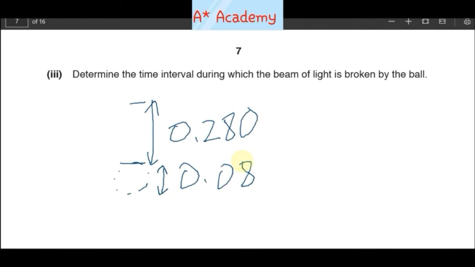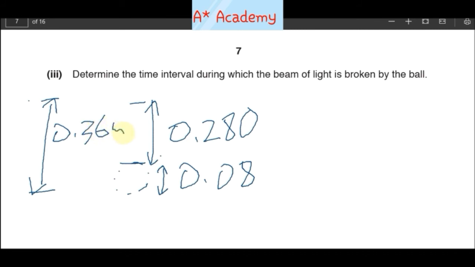The ball first falls through 0.28 meters, then it falls through an additional 0.08 meters, which is the diameter of the ball. So what is the time that the ball will take to travel through a distance of 0.36 meters?